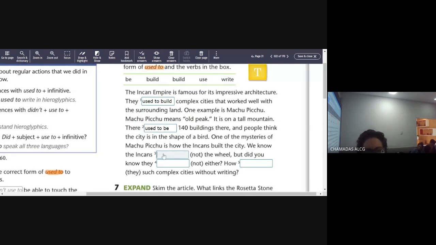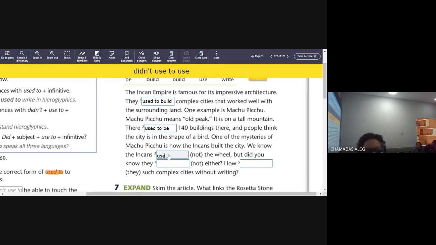So, didn't use to, verb infinitive, use. They didn't use to use the wheel, but did you know they built a lot of things.